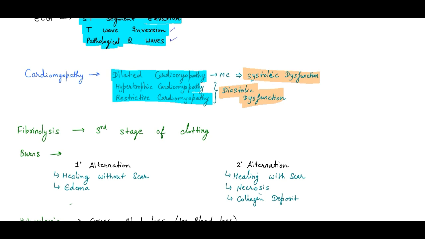So hypertrophic and restrictive have diastolic dysfunction, HR. Remember HR. Dilated cardiomyopathy has systolic dysfunction.